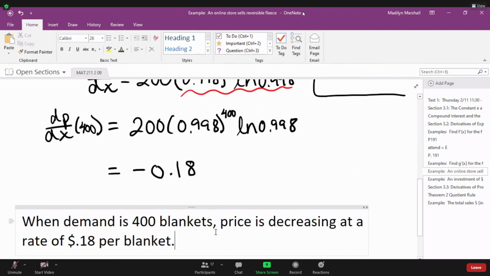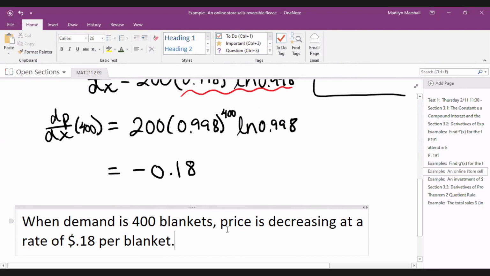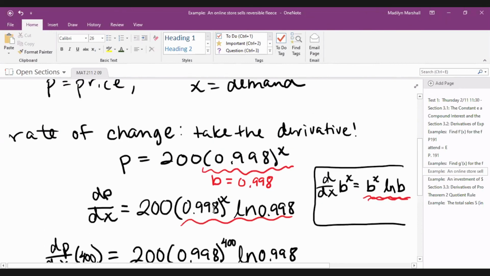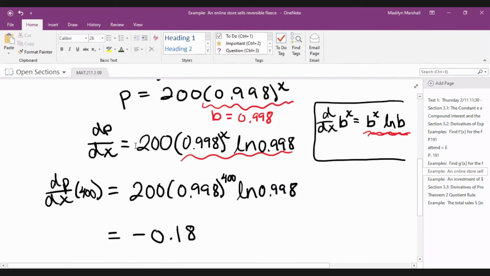So I got a question. Is there a way you could find out how the price of the blankets would be increasing instead of decreasing? So the rate of change would tell us when the price is increasing and decreasing. So specifically when it is 400, we're decreasing.